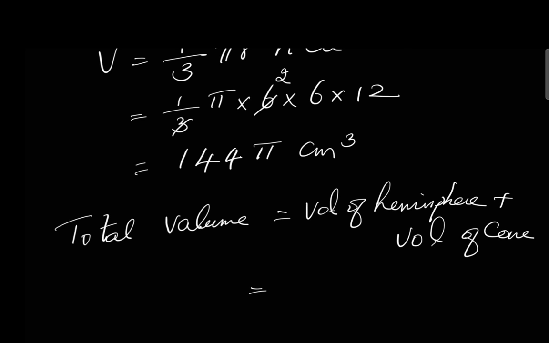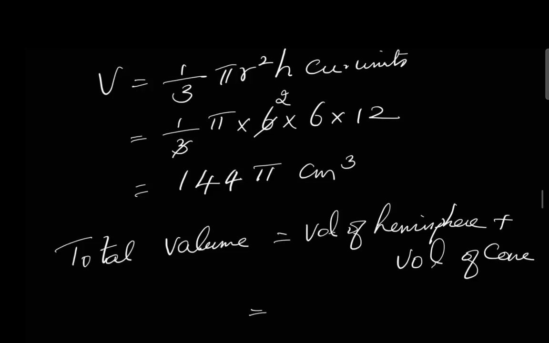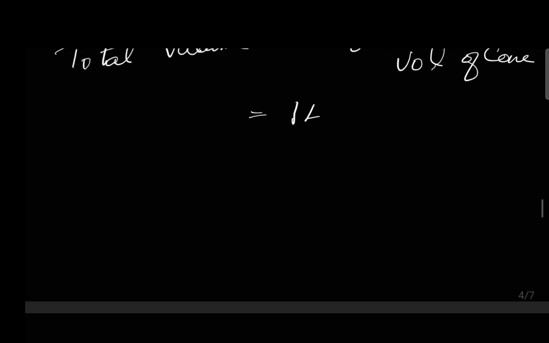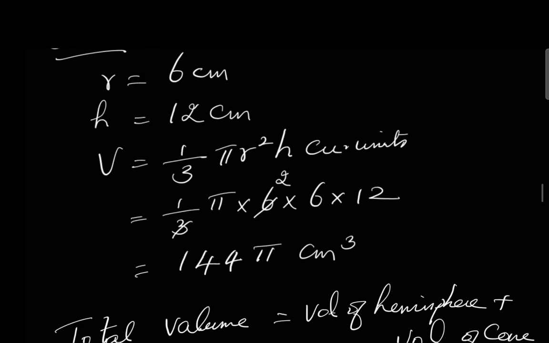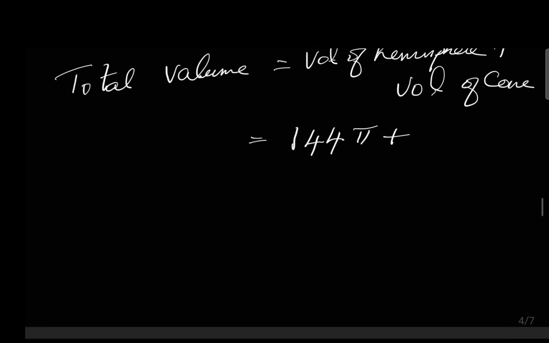The volume of hemisphere is 144 pi, the volume of cone is again 144 pi, that is 288 pi centimeter cube.